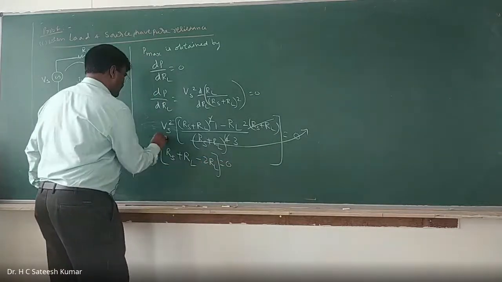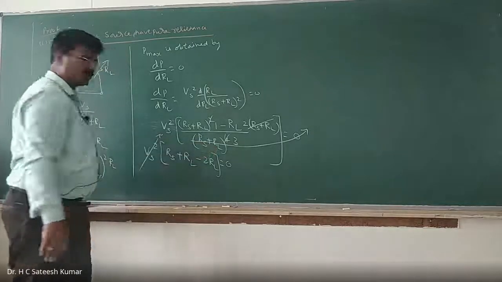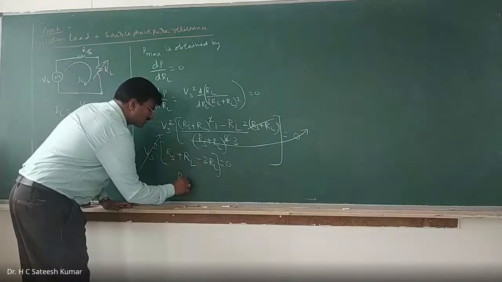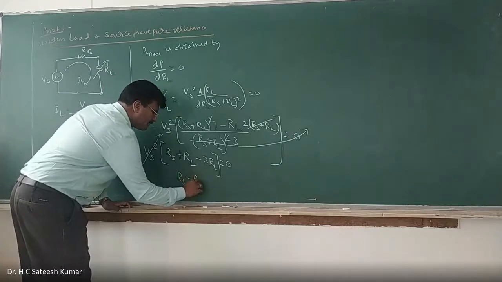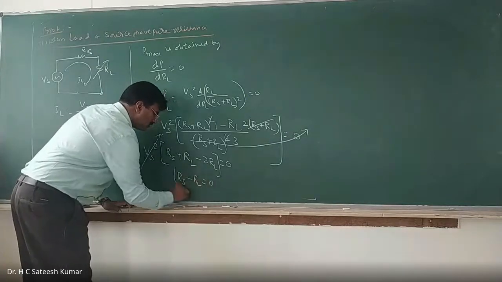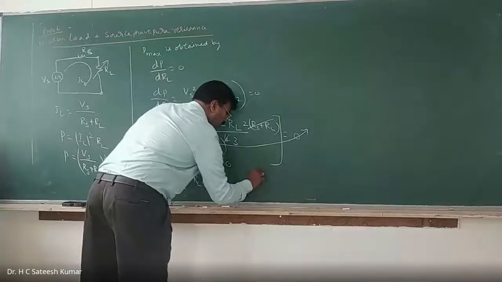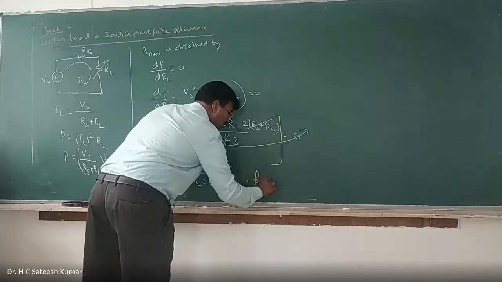Vs square cannot be equal to 0. Therefore, what will happen? Only Rs plus RL minus 2RL, that is Rs minus RL, is equal to 0. Therefore, RL is equal to Rs.